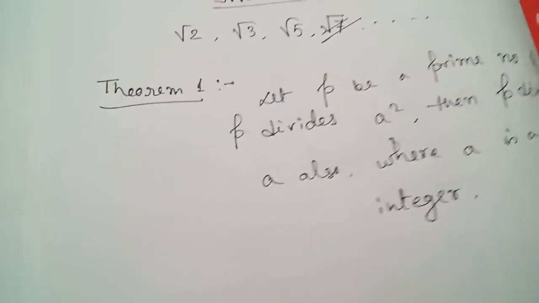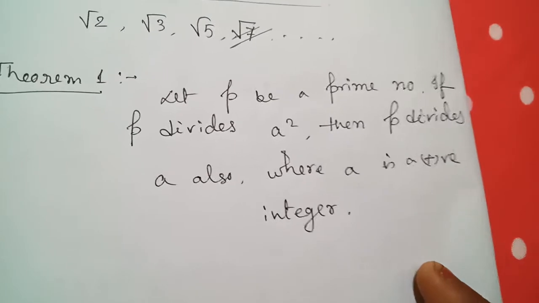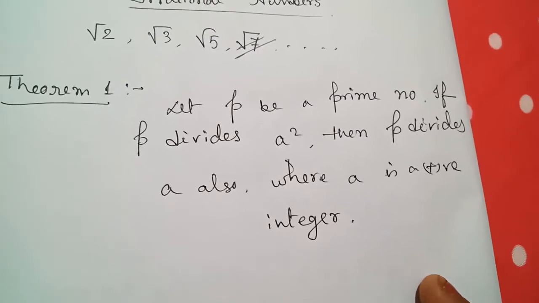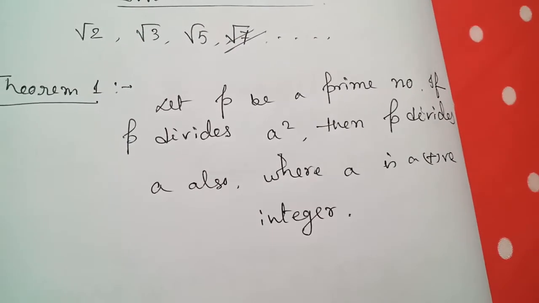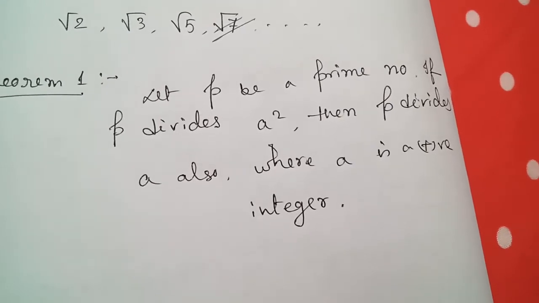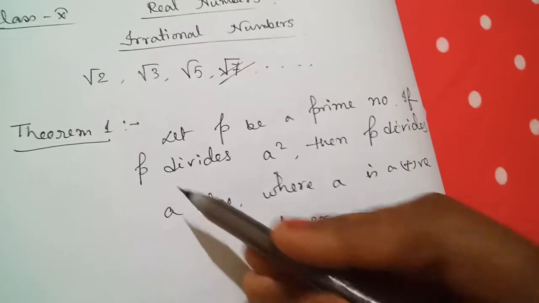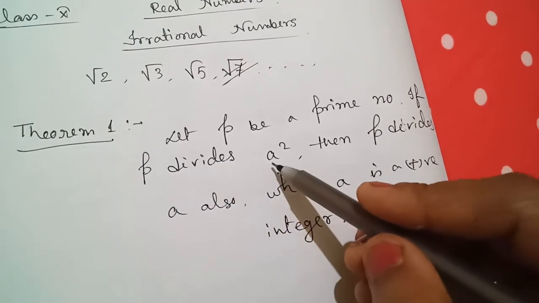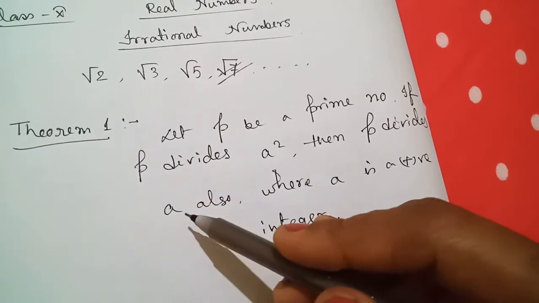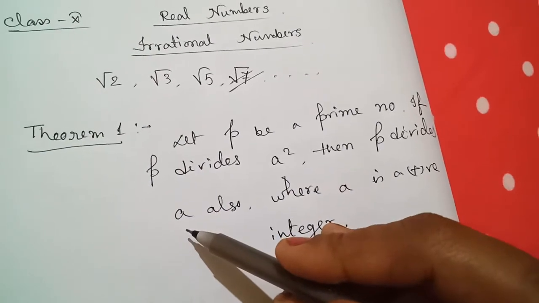This is the statement of theorem 1. Let P be a prime number, if P divides a square, then P divides a also, where a is a positive integer. That means if P divides the square of any number, P will divide the number also.